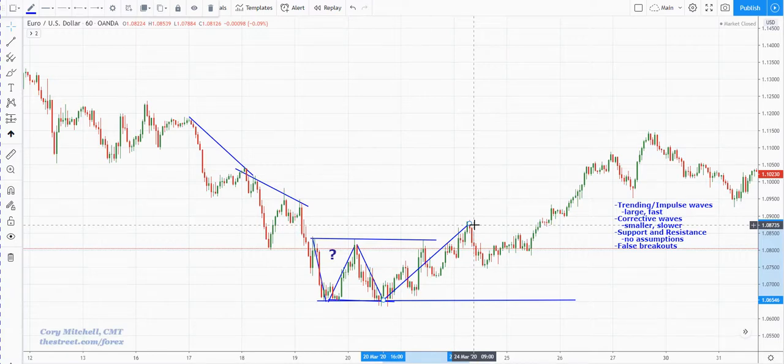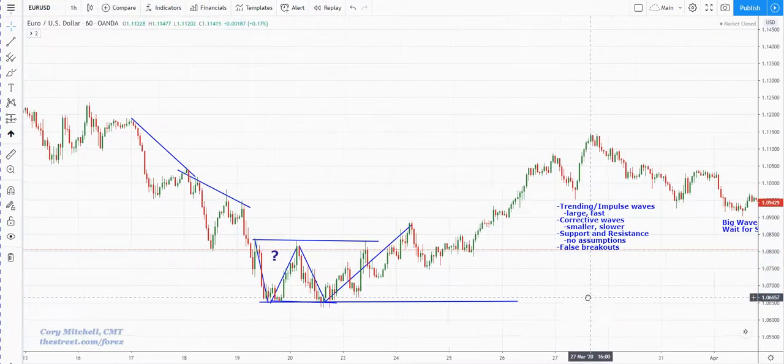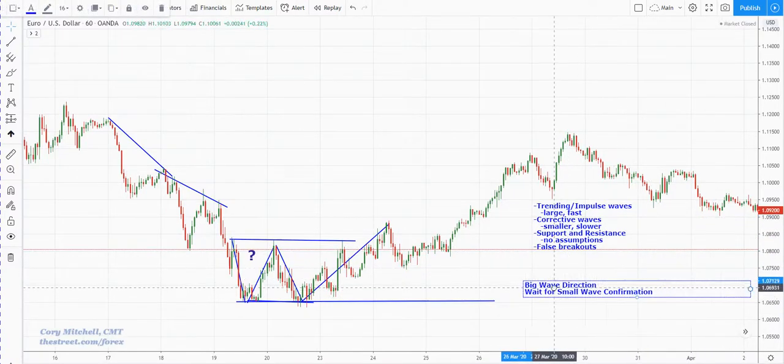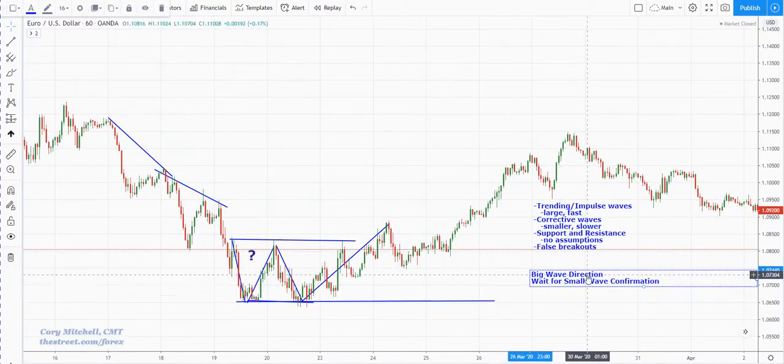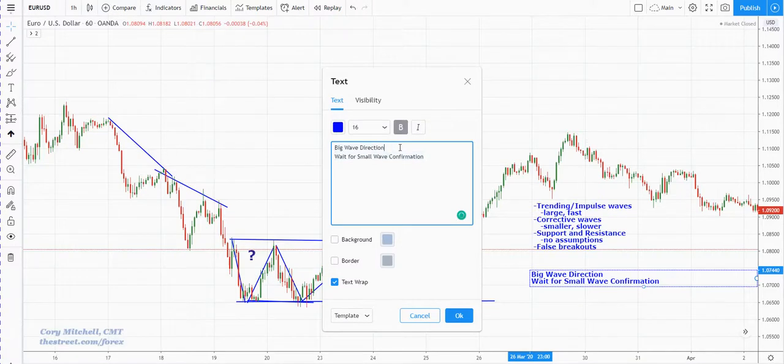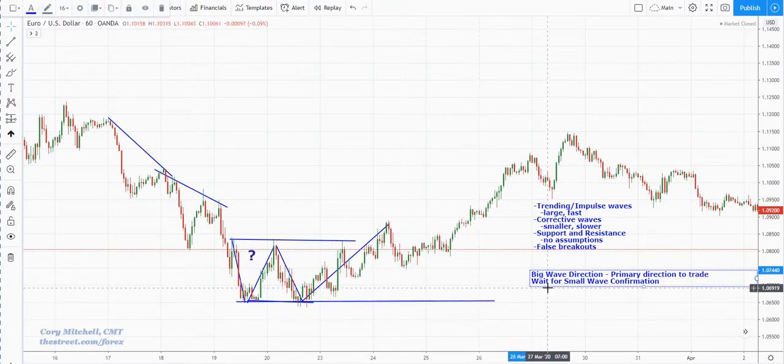How do we know what we're analyzing? What I like to do is look for big wave direction as my primary direction to trade. And then we wait for small wave confirmation.